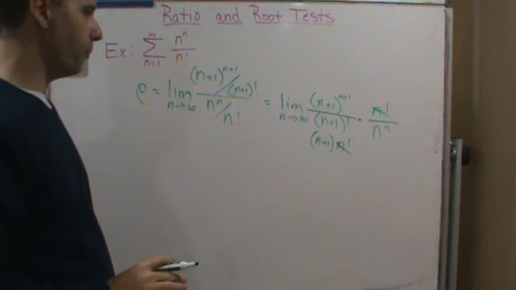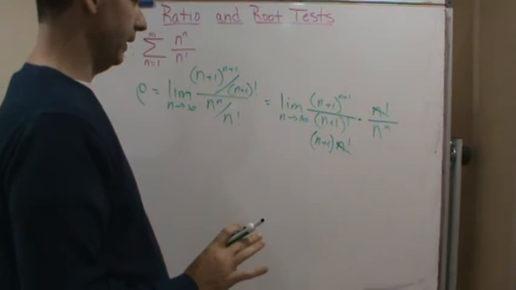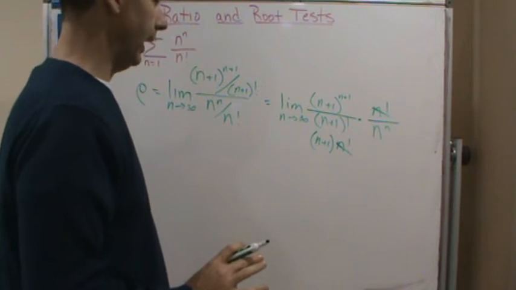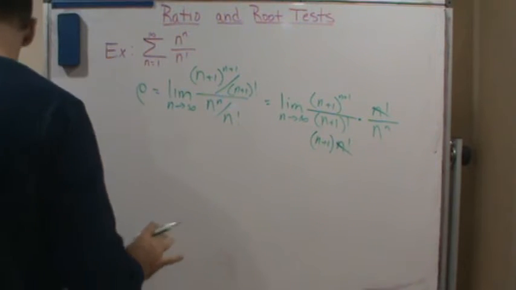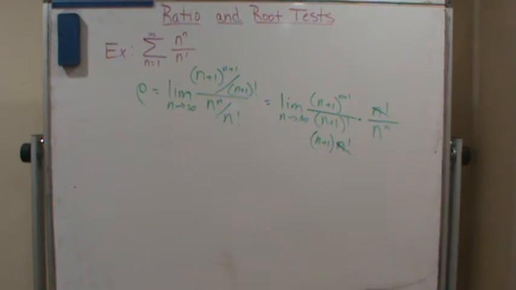Okay, now notice something here. See what happens now. Now I get n plus 1 on the bottom. Now this is kind of fortunate because watch what happens.